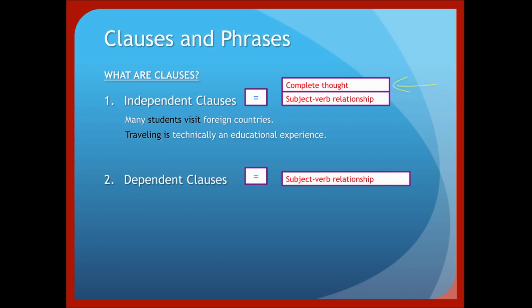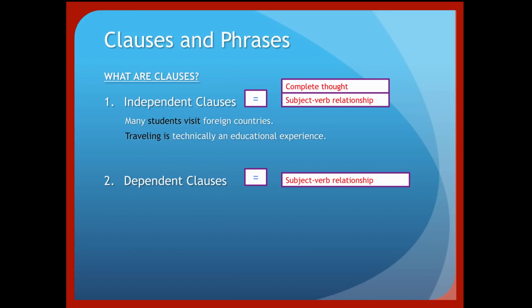A subject-verb relationship simply means that the subject and the verb convey a meaningful statement, such as in the following sentences: many students visit foreign countries, period. Or, traveling is technically an educational experience, period.